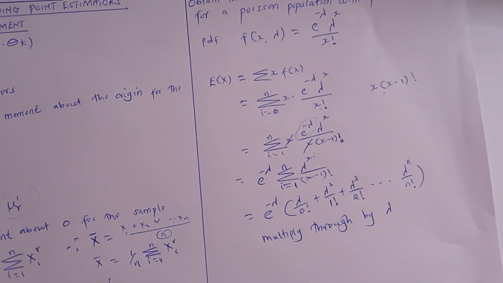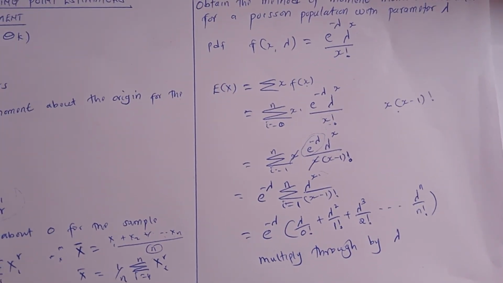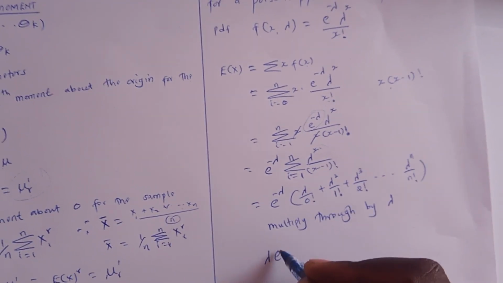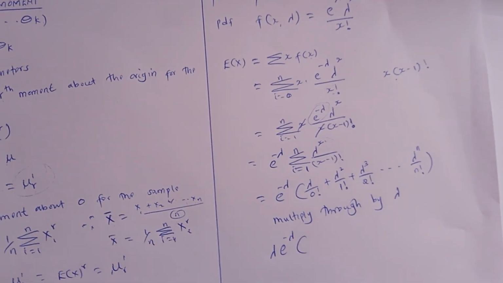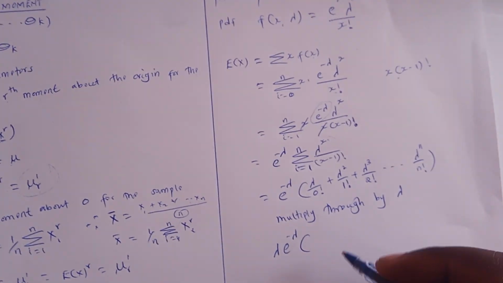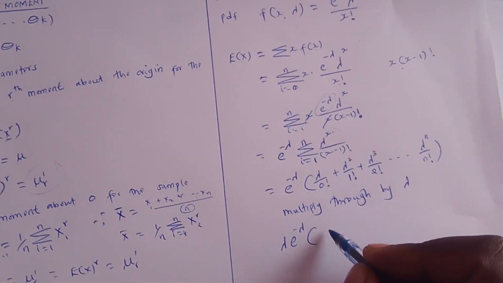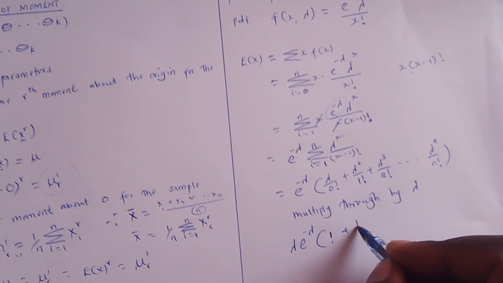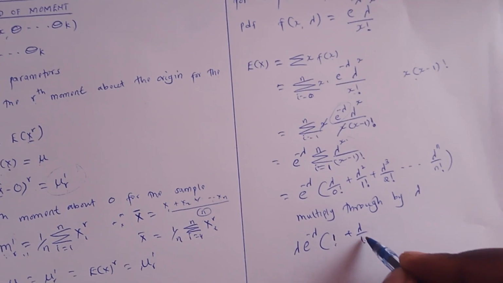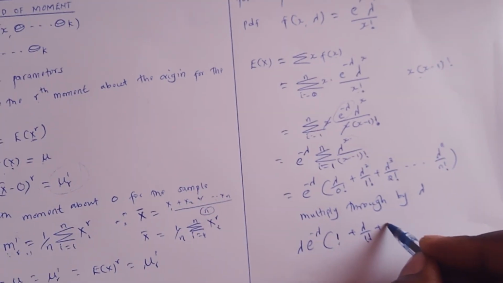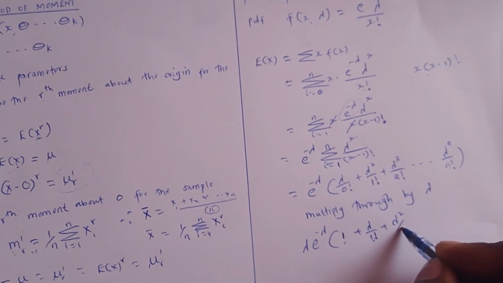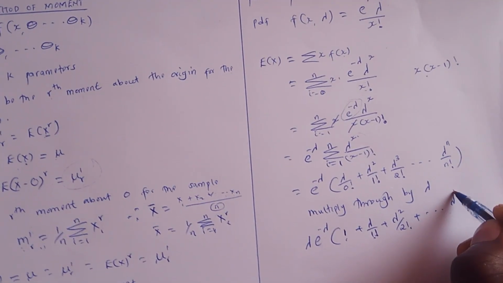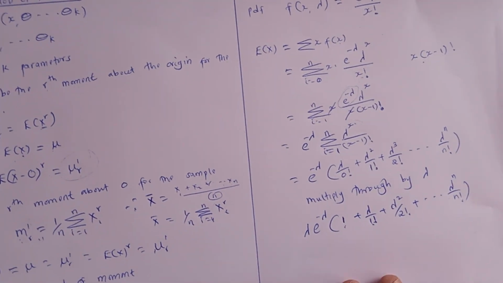When we multiply through by lambda, we are going to have lambda e to the negative lambda in bracket, we shall have 1 plus lambda out of 1 factorial plus lambda squared out of 2 factorial plus all the way to lambda to the n out of n factorial.